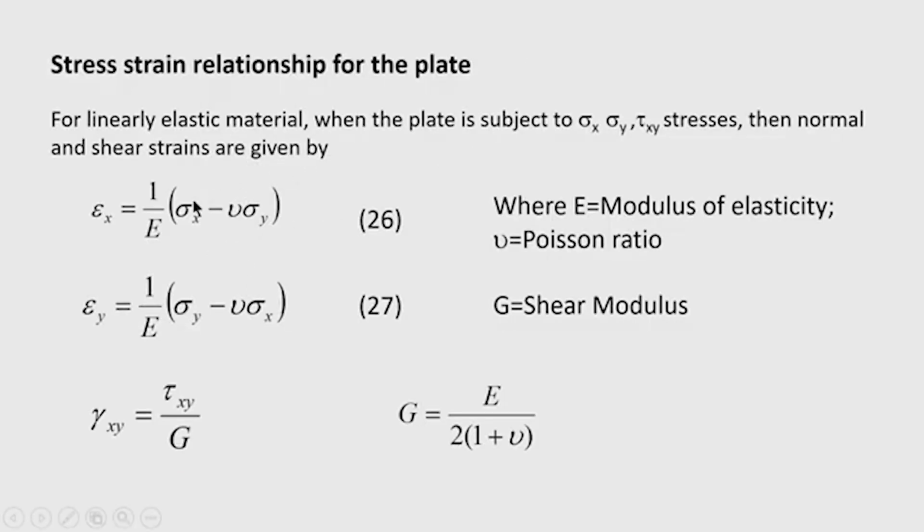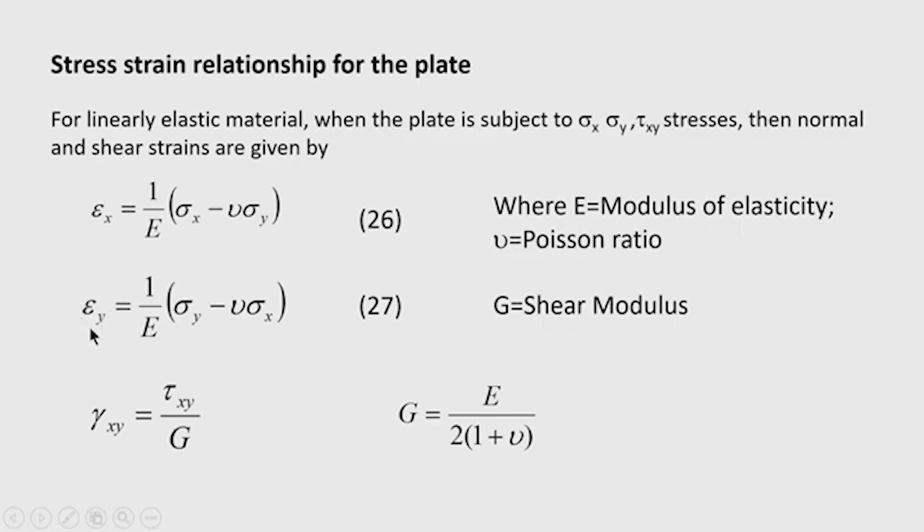Stress strain relationship for the plate: in the normal direction, strain epsilon x is given by 1 by E into sigma x minus mu into sigma y, where E is the modulus of elasticity and mu is the Poisson ratio of the material.